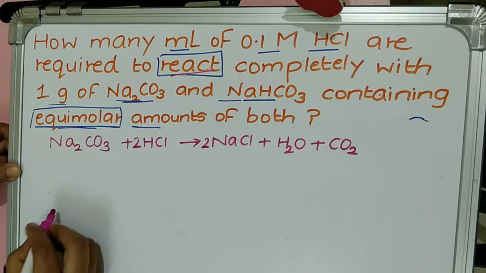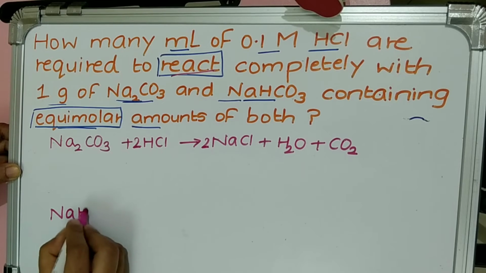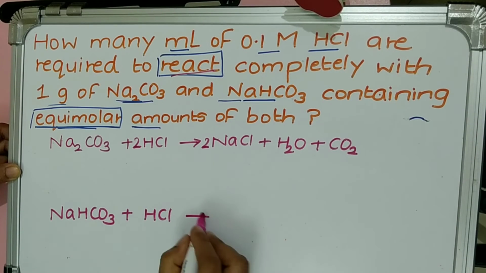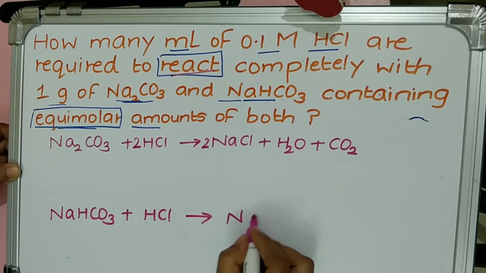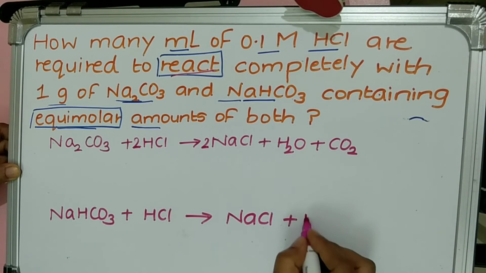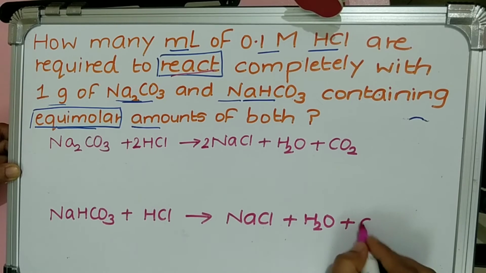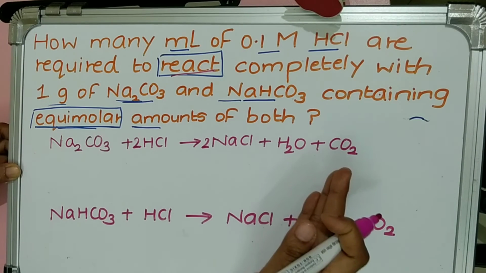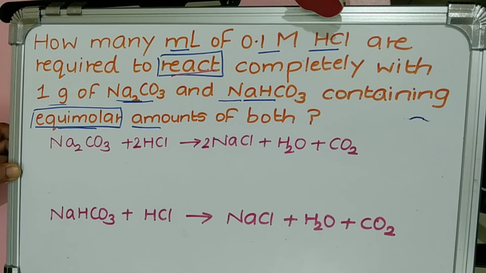Similarly, you write the equation for NaHCO3. NaHCO3 reacts with HCl. It forms the same products, NaCl, H2O and CO2. Any carbonate compound will always give carbon dioxide gas. Correct? Hope this equation is balanced.